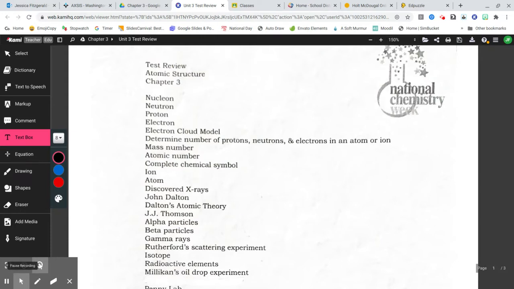So the final times have been posted. So actually, B Day, you start testing first for your Unit 3 test. B Day starts with the 5th and 7th hour final on Thursday, January 7th.